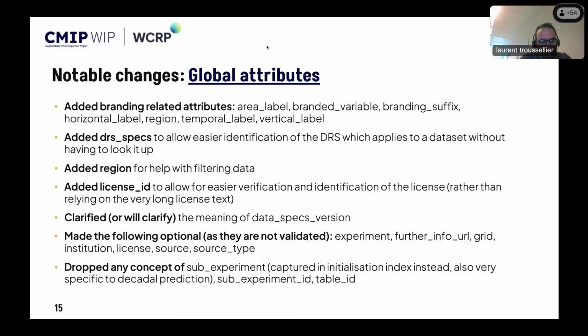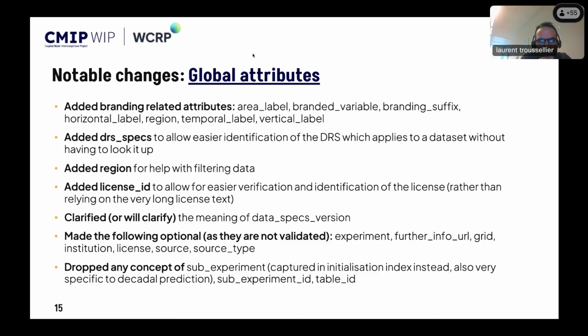And we dropped the concept of sub-experiment that was used for the CPP activity, I think, experiment. The information of the sub-experiment is captured now by the initialization index inside the variant label. Those are the main changes from the CV perspective for modelers.